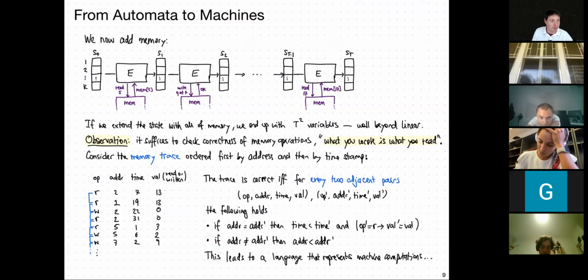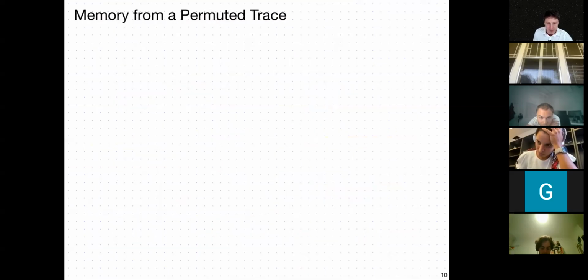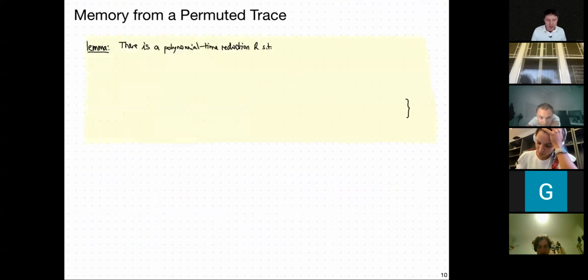All right. So now we have made this observation. We can basically write the computation of an algebraic machine as an algebraic automaton plus the help of a permutation on the time trace.